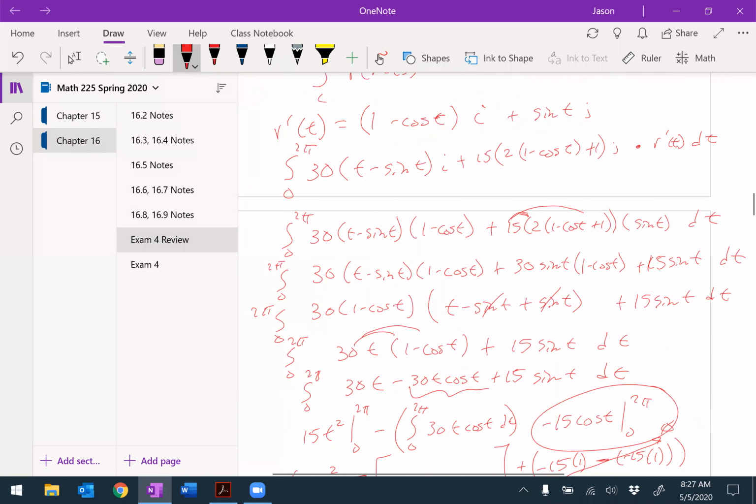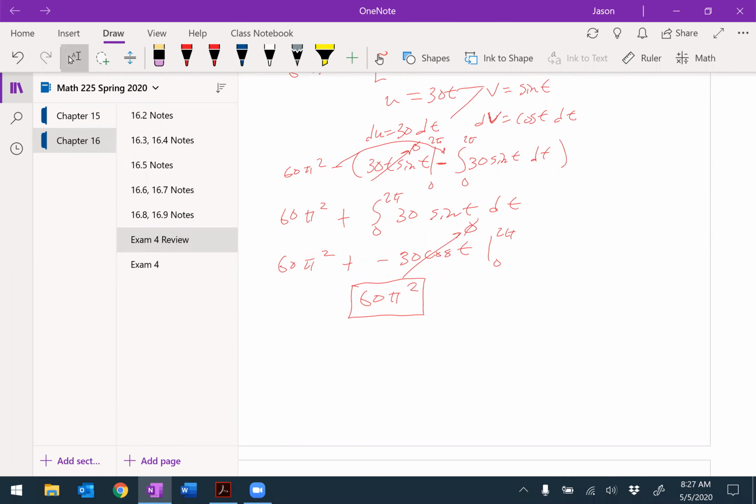But there is an easier way, and that is if you use the fundamental theorem of line integrals, you can test this function f of x, y to see if it's conservative or not. Is this thing conservative? Well, what was our test for conservative? Does dq dx equal dp dy?